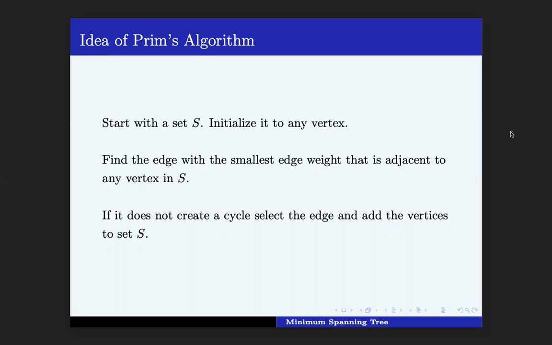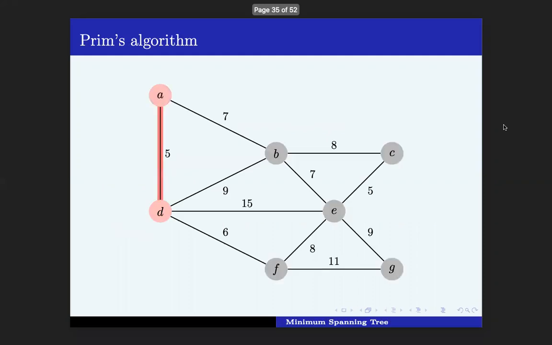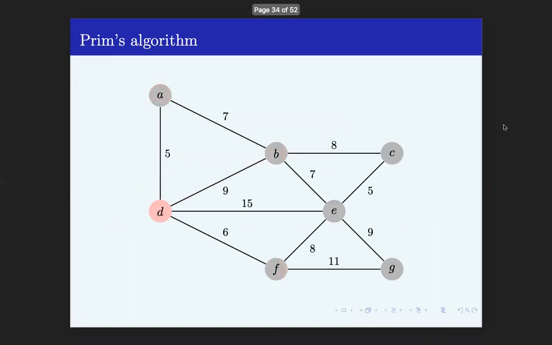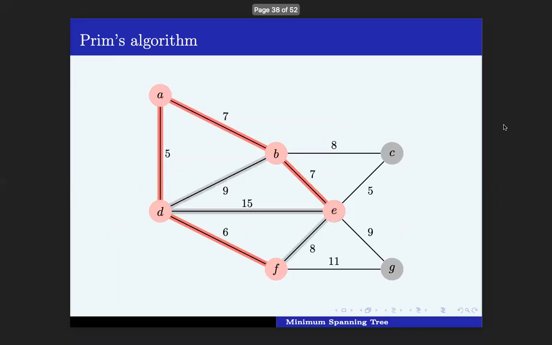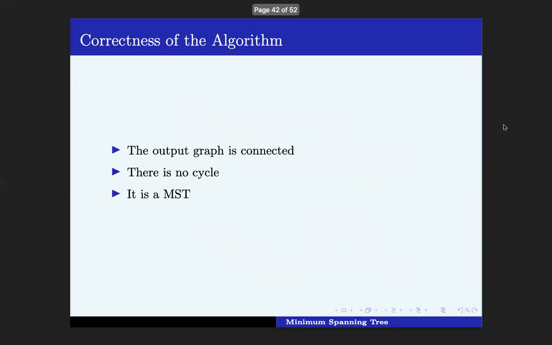We pick the edge which is the smallest among them all, and we continue like that. So that's Prim's algorithm. We have seen this example in the last class, so I don't want to go over it again.